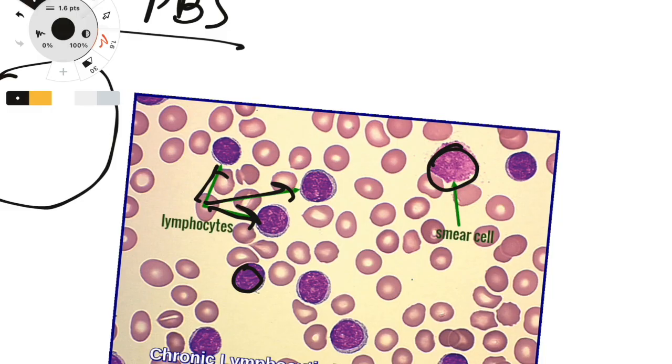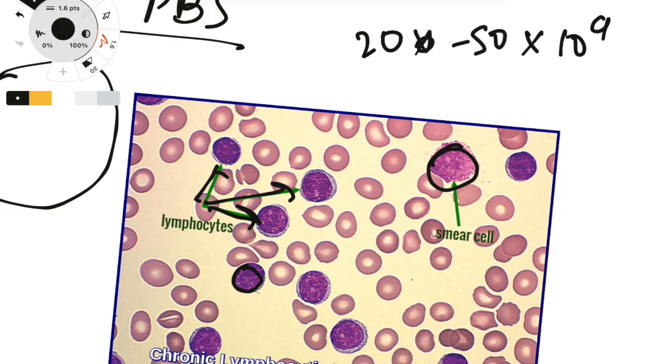And why do we see a smudge cell? The logic behind this is that when you have a lot of lymphocytes, they are not just normal in number. Generally, they are 20 to 50 into the power 9 per liter.